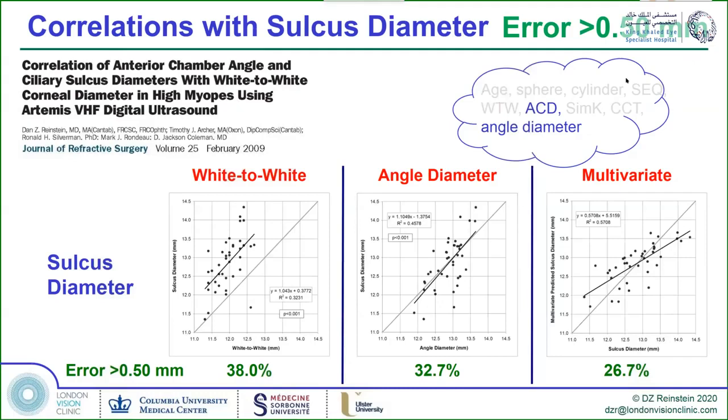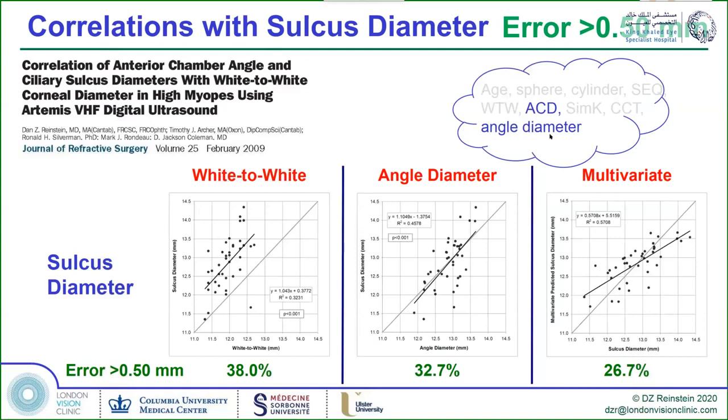And we did a multivariate analysis of this. We included age, sphere, cylinder, spherical equivalent, the white to white, the AC depth, the SIM-K, the corneal thickness, the angle diameter, and everything put in and all mushed up. In the regression analysis, the only 2 terms that survived were the AC depth and the angle diameter.